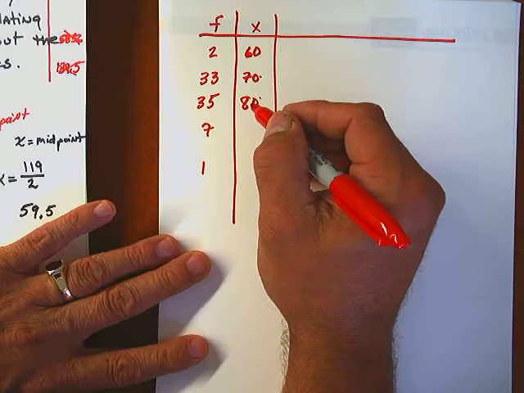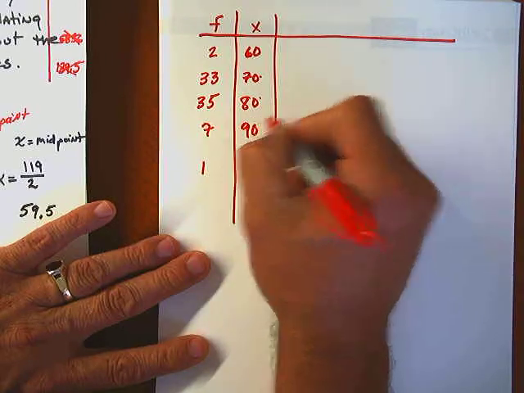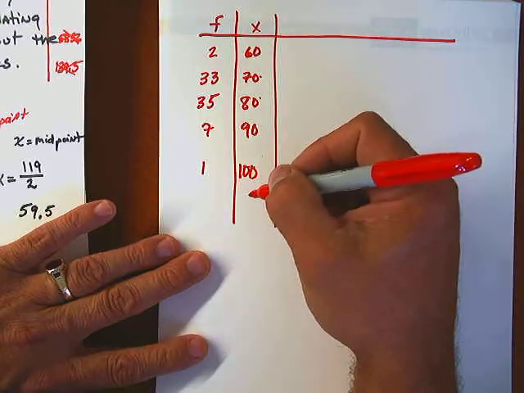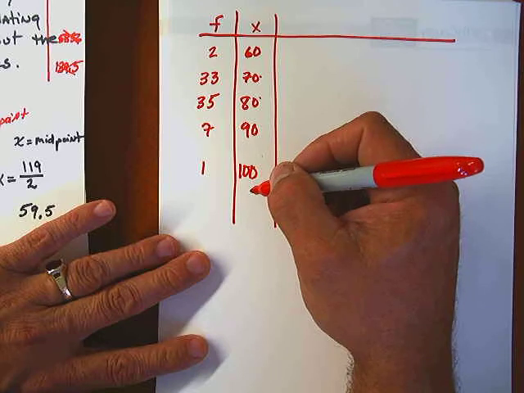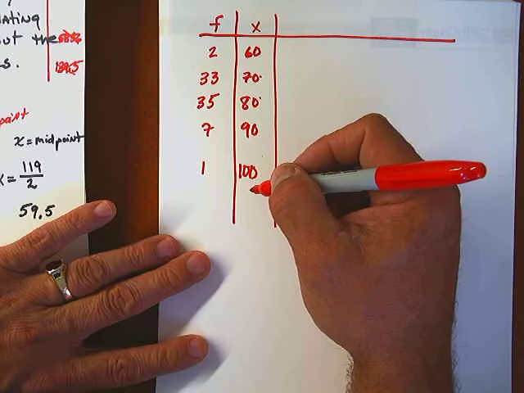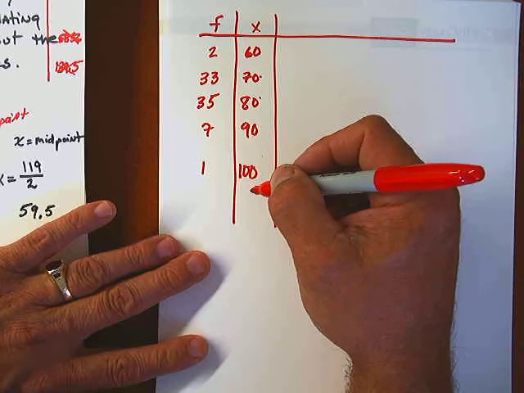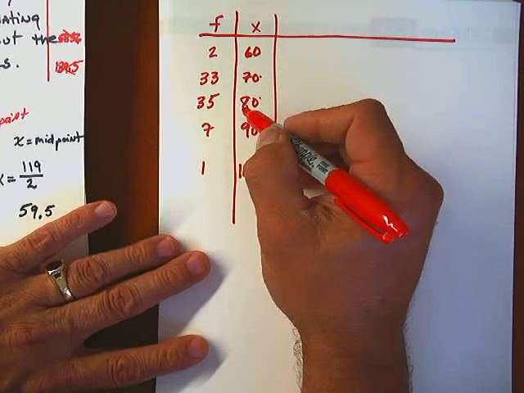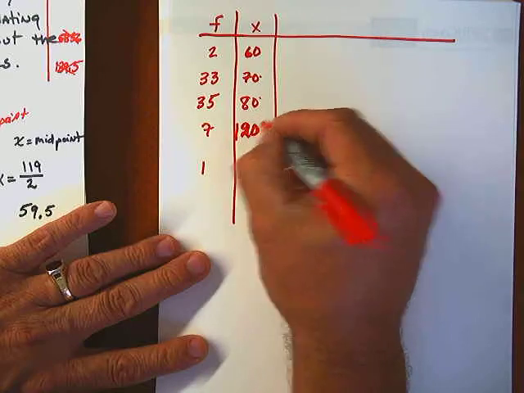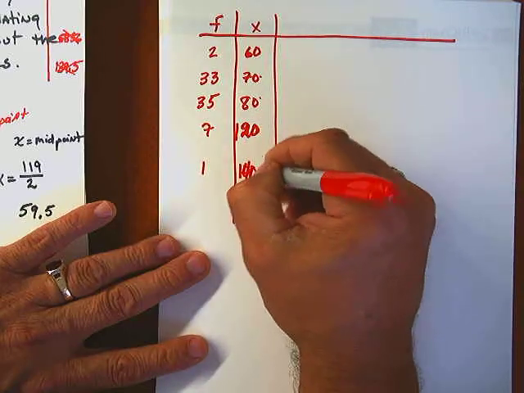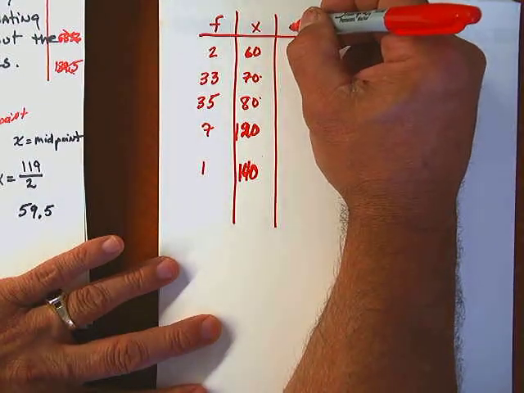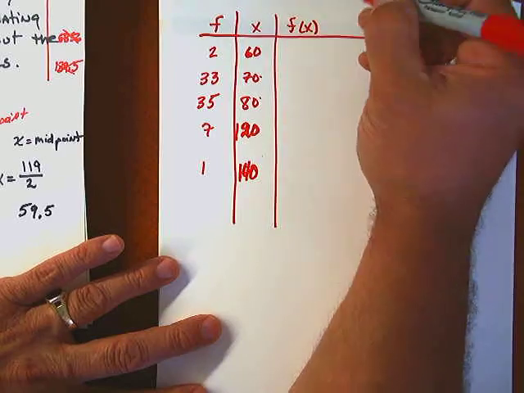And redraw, but I'm not going to use the classes. I'm just going to do f times x. So f is 2, 33, 35, 7, and 1. And x is our midpoint. I'm just going to use 60, 70, 80, 90, and 100.